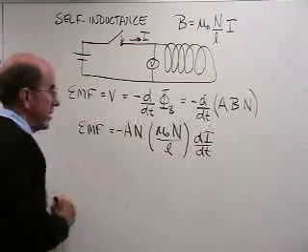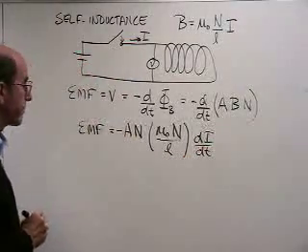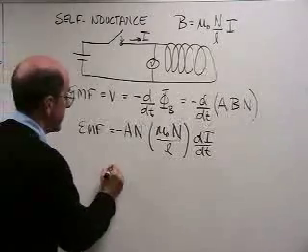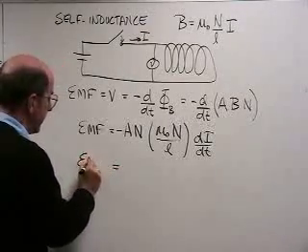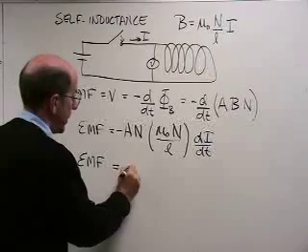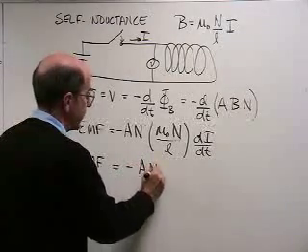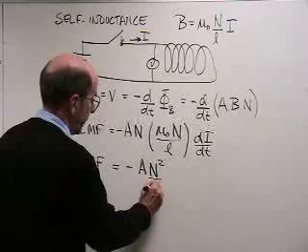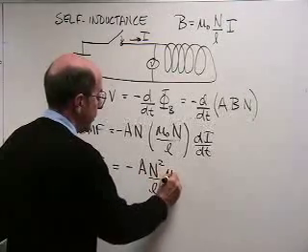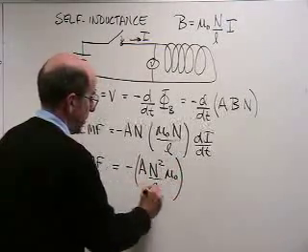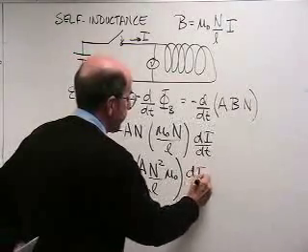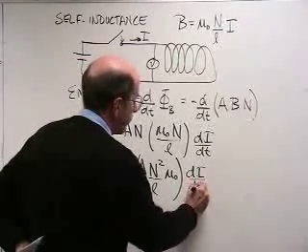And there's a minus sign in there we don't want to forget. That gives me the EMF is equal to minus the area of the coil times N squared over the length of the coil times mu 0 times di/dt.